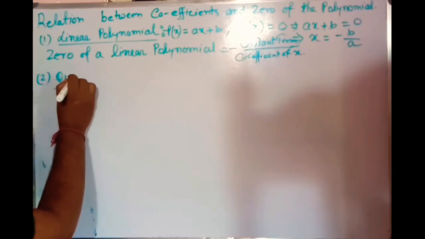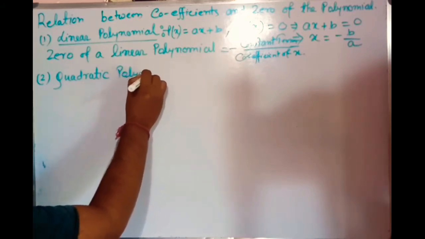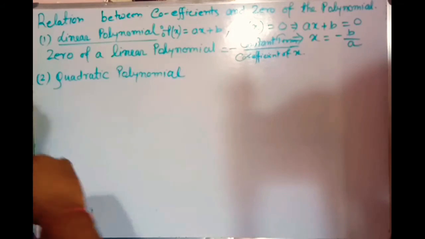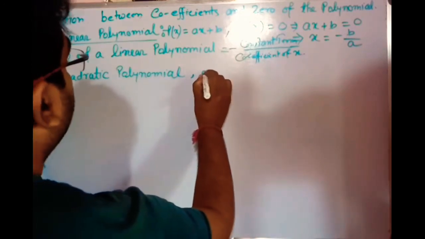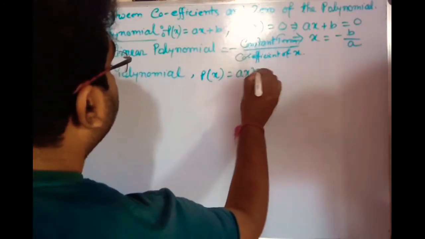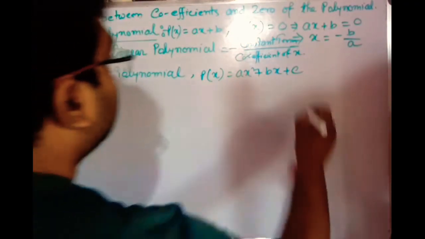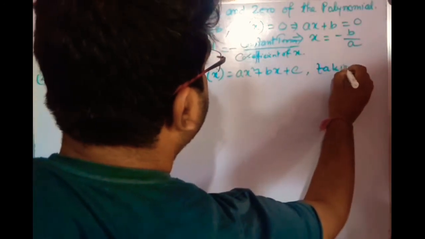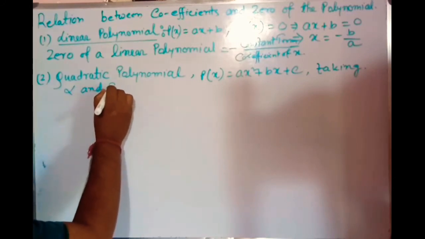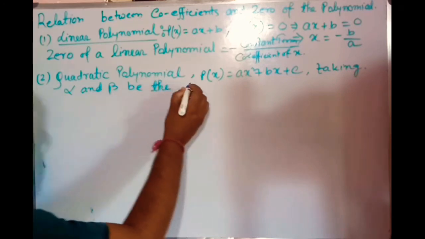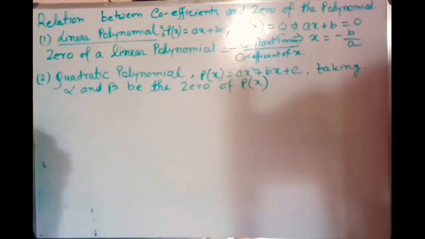Next, the quadratic polynomial. For a quadratic polynomial we are taking one polynomial p(x) equal to ax square plus bx plus c, and let alpha and beta be the zeros of p(x).